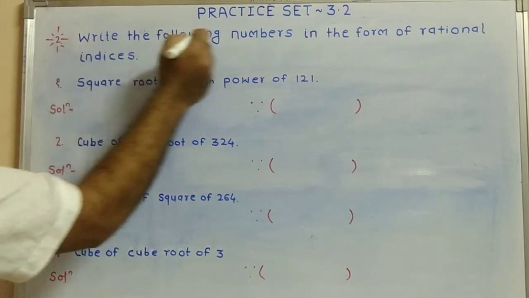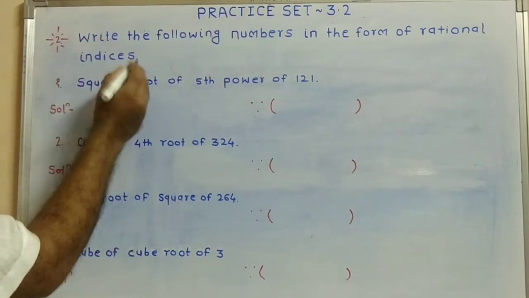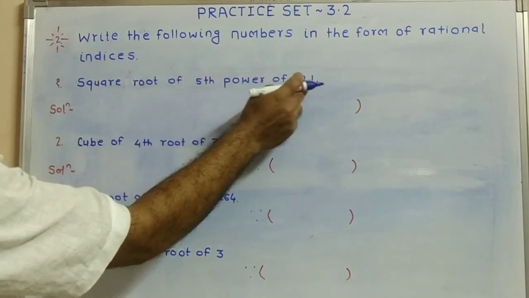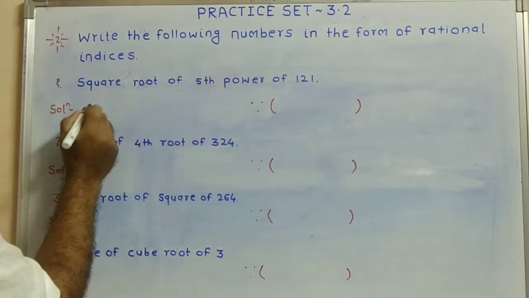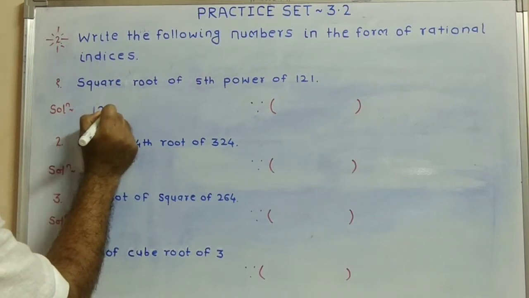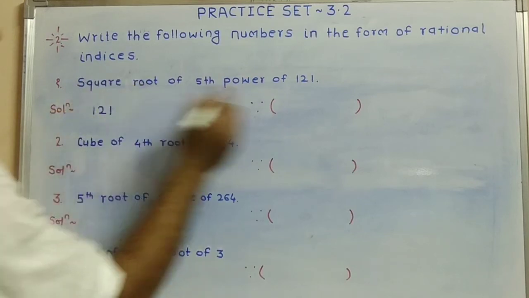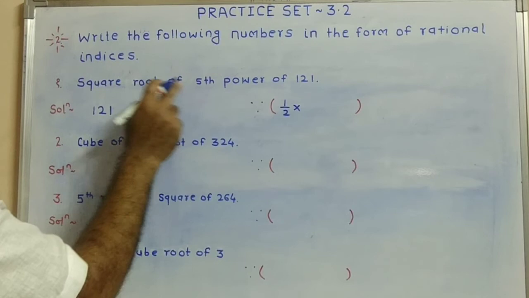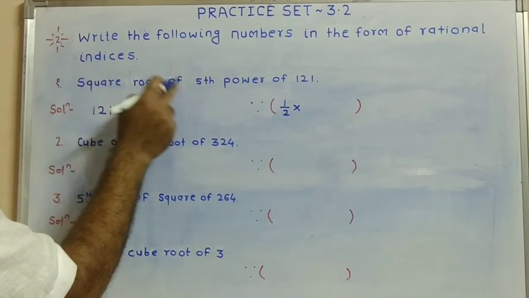Now let us take the second example, that is, write the following numbers in the form of rational indices. First one is square root of fifth power of 121. First take the number. Which is your number? That is 121. Square root means 1 upon 2 multiplied by which power?